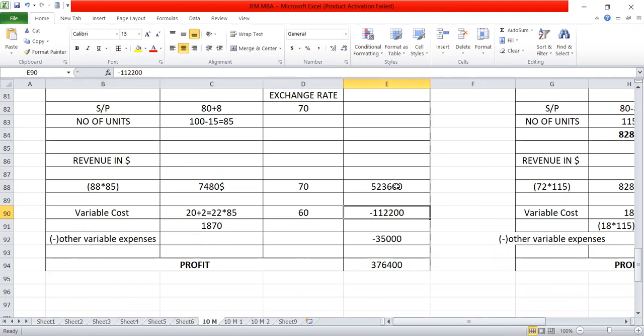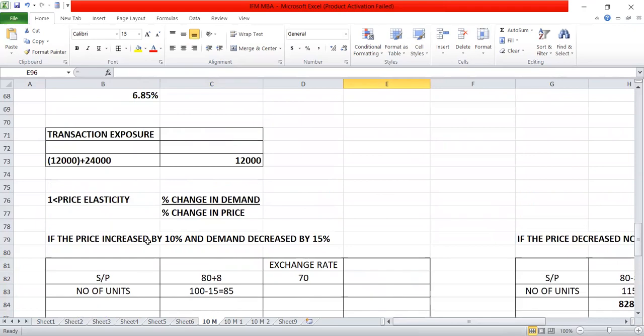Now, sales minus variable cost gives the contribution, with other expenses remaining constant. These are expenditures, because variable cost and other expenses are costs. So 5,23,600 minus 1,12,200 minus 35,000 gives 3,76,400 as the profit when the price is increased by 10%.